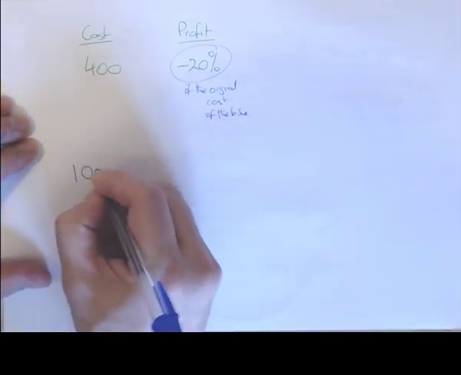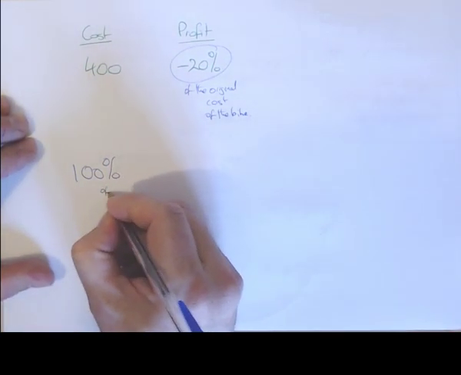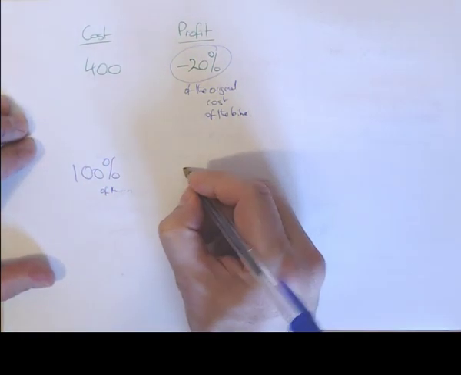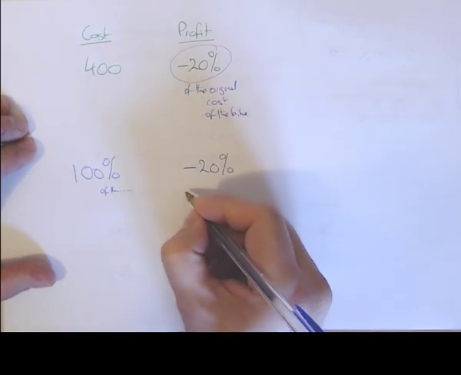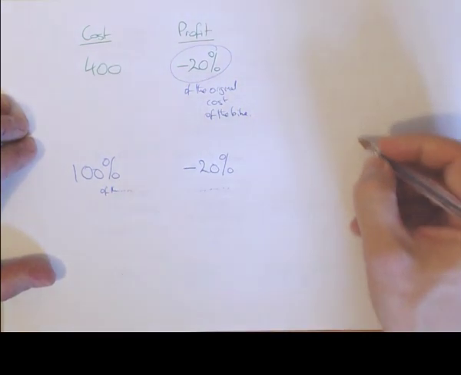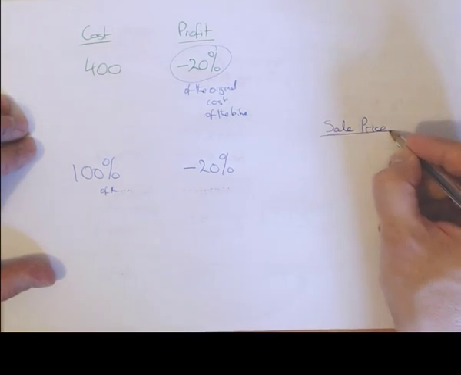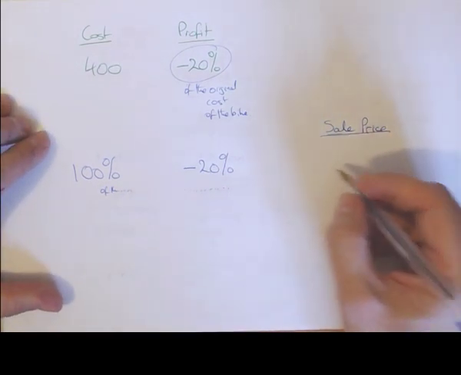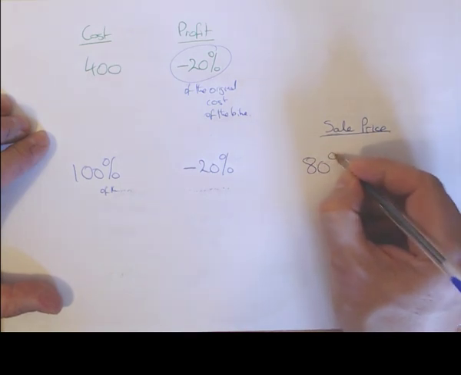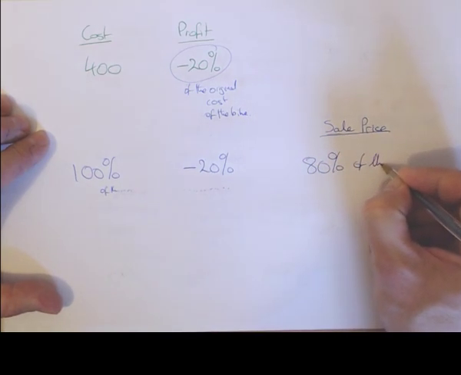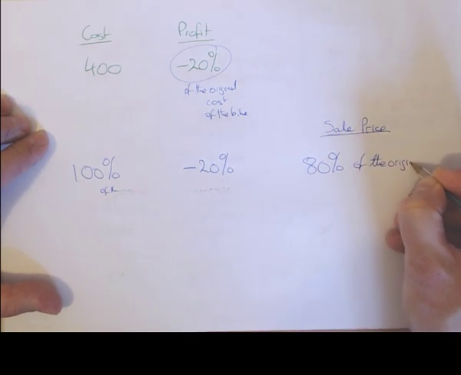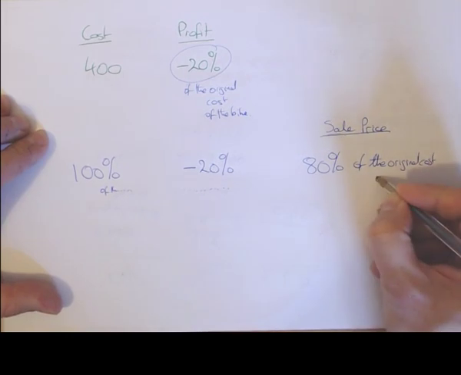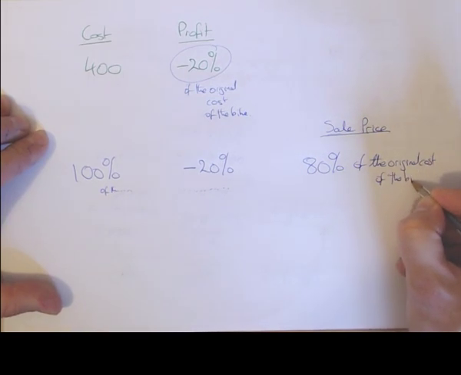So we've got 100% of the original cost of the bike less 20% of the original cost of the bike will give us a sale price. What's 100% of the original cost less 20% of the original cost? Well, it's 80% of the original cost of the bike.